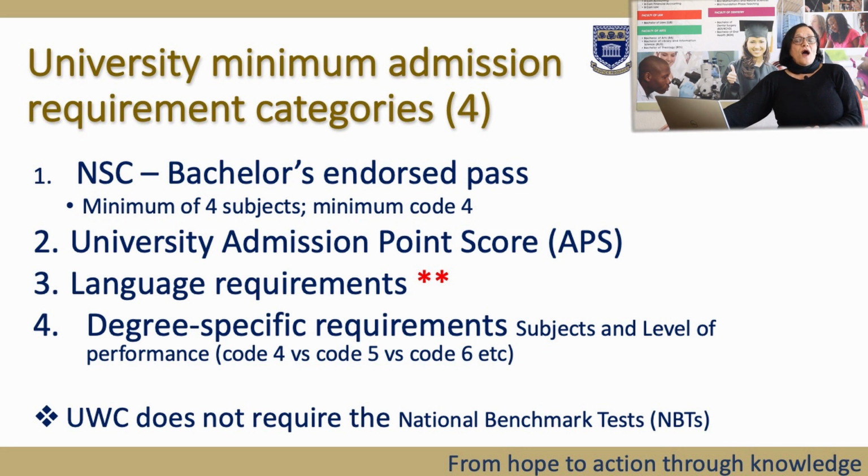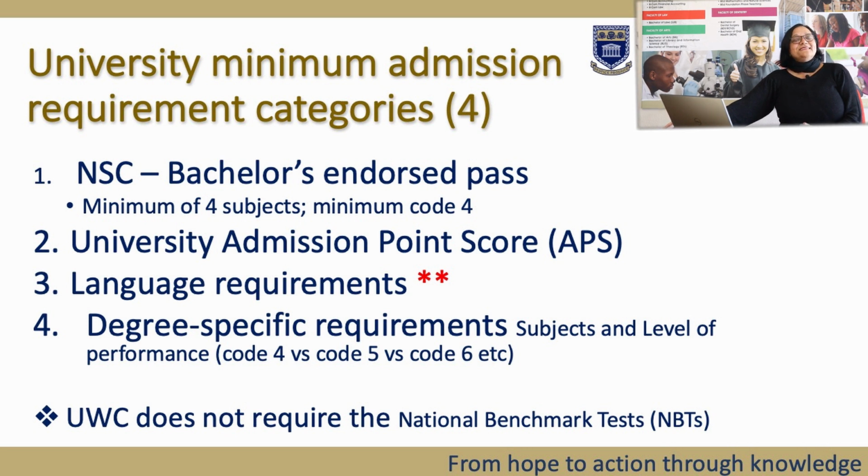That is one of those 3 along with pure maths. And so different degrees have different subject requirements which you need to achieve at a particular level. Now, just by the way, UWC doesn't require that you write the NBTs, or the National Benchmark Tests.